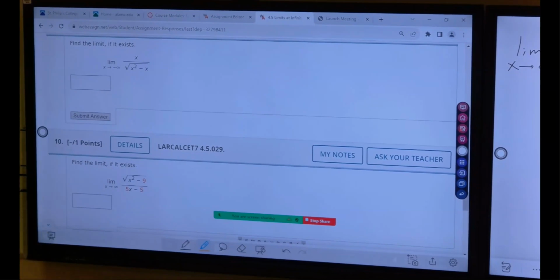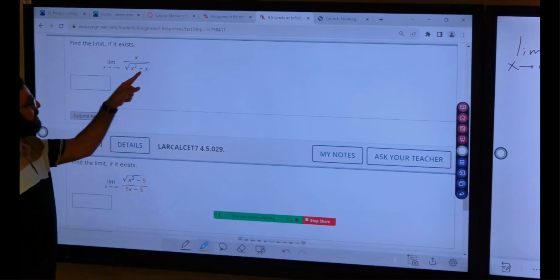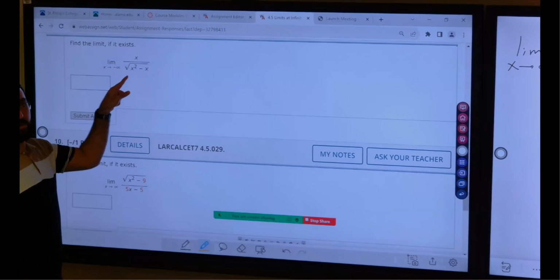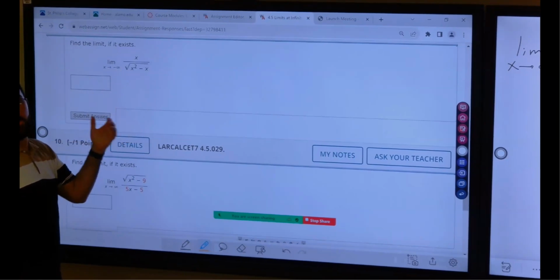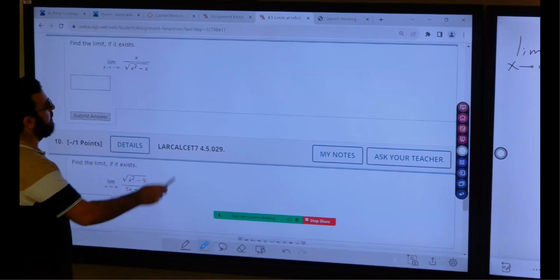So what about this one? You're gonna divide everything by what? It's x because, okay, what's the highest exponent here? If you say x squared, but don't forget there is a root, which means x. So divide everything by x.